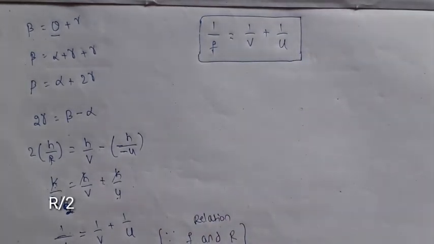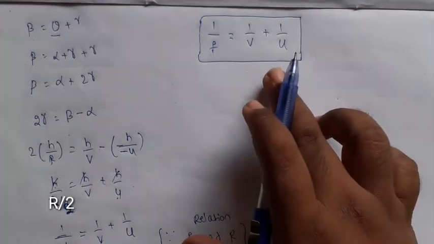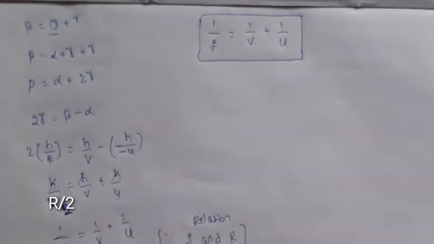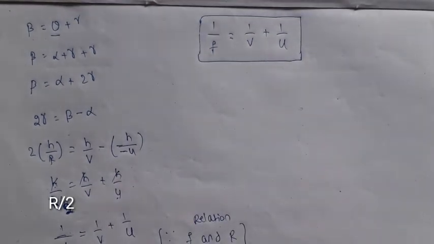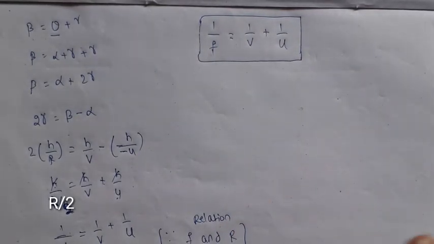For a convex mirror, the mirror formula is 1 by f equals 1 by v plus 1 by u. In the case of a concave mirror, 1 by f equals 1 by v plus 1 by u. So both formulas are equal. This is a very important question. Please practice it many times and learn it.